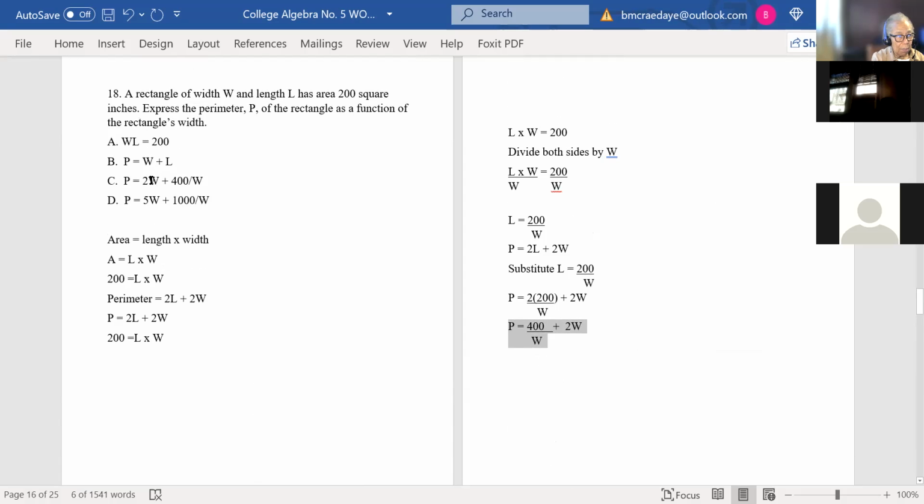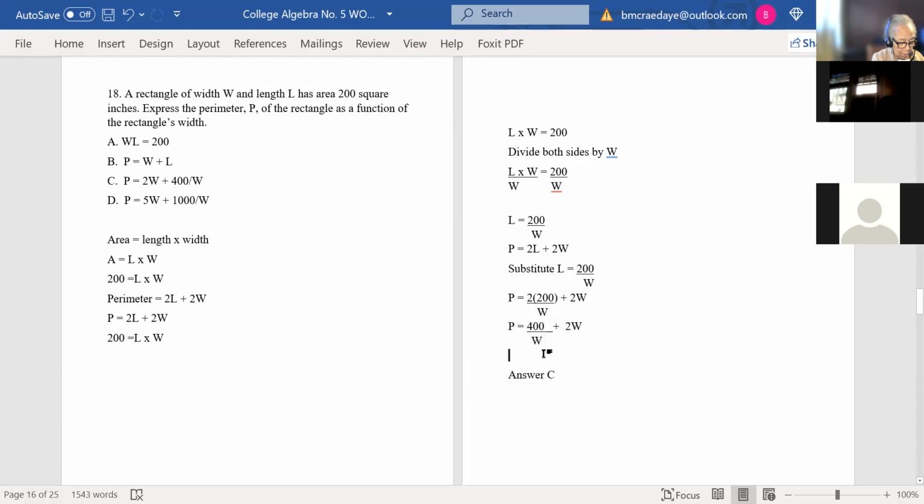Except we have the 2W first and then the 400 over W, okay? Which is 400 over W. So the answer is C. And as I say, we could write this as putting the 2W first.